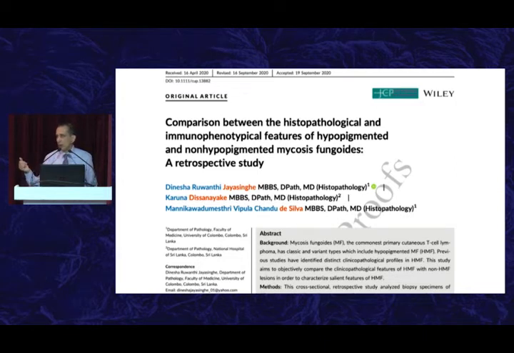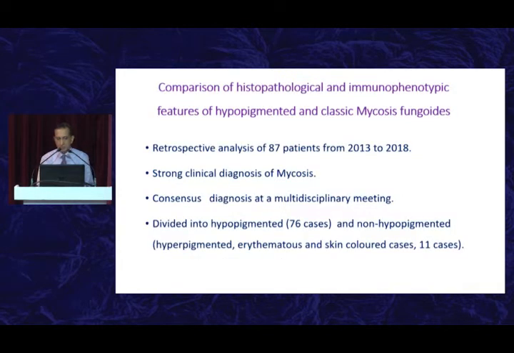The people who come to our MDTs will know the diagnosis of mycosis fungoides is made only after the MDT, if the clinician is also quite certain that it is mycosis fungoides. So all the cases that we used for the study were cases which were clinically confirmed to be suspicious, and also there was a consensus diagnosis at the MDT.